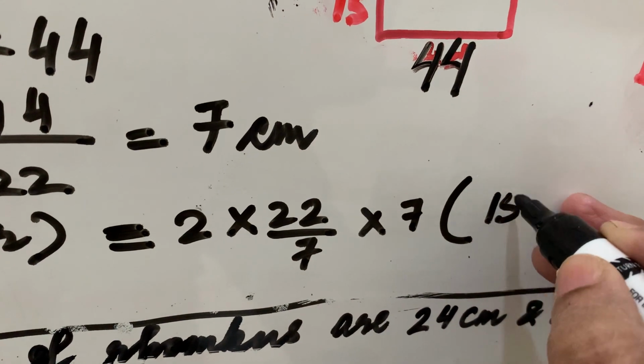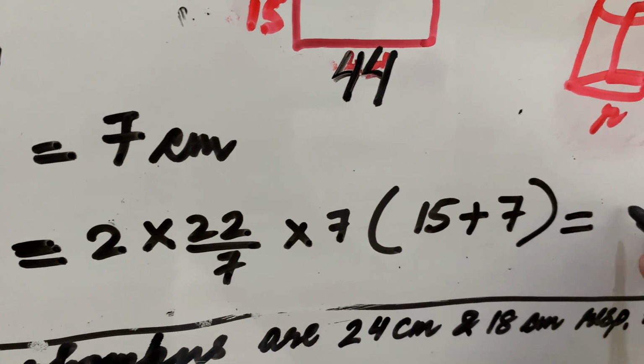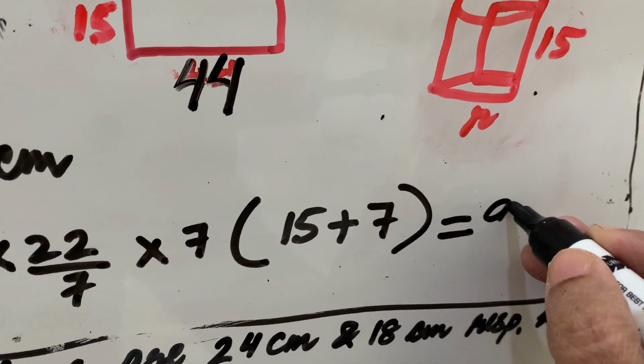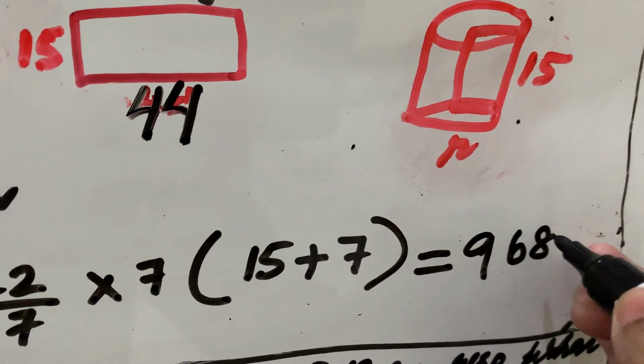What is your h? 15. What is your r? 7. So you can do the calculation, it gives 968.